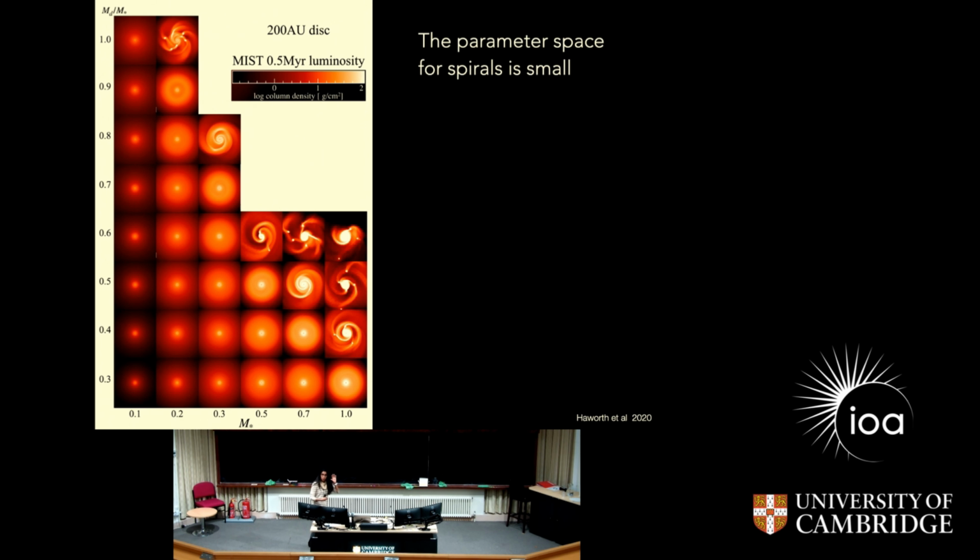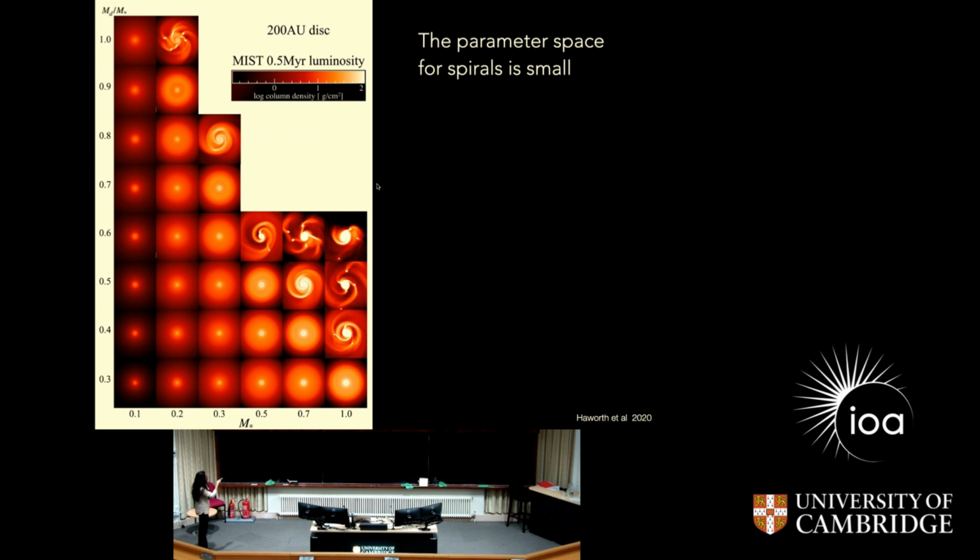What he was really interested in exploring was the impact that the passive heating from the central star had on the disk. What he was seeing here was quite interesting.